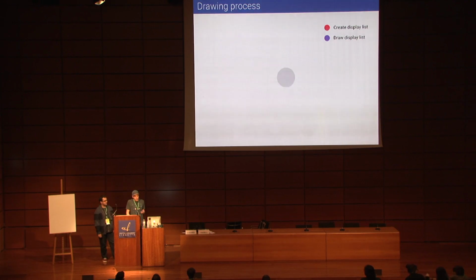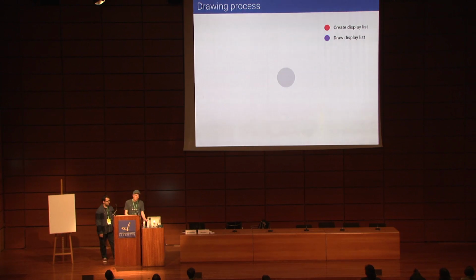That's what creating a display list is. Typically in user code, that would be the onDraw method. Later, drawing this display list is really just piping the stored OpenGL commands to the GPU. A bunch of other stuff happens, but that's system details that we won't worry about in this talk today.